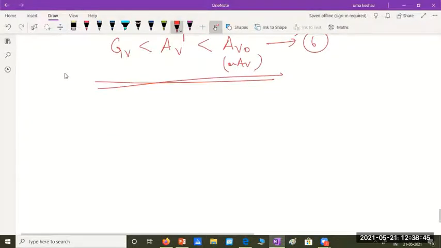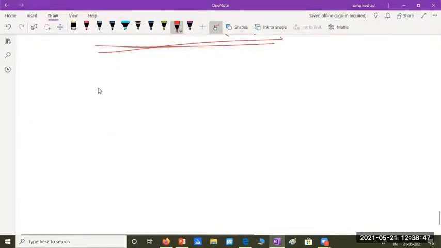So this is the second parameter which we have found, that is the voltage gain of the circuit. In voltage gain, the basic voltage gain is defined as the open circuit voltage gain, because it is defined when the load resistance also is not present. Then we will define the voltage gain when a load resistance is present.